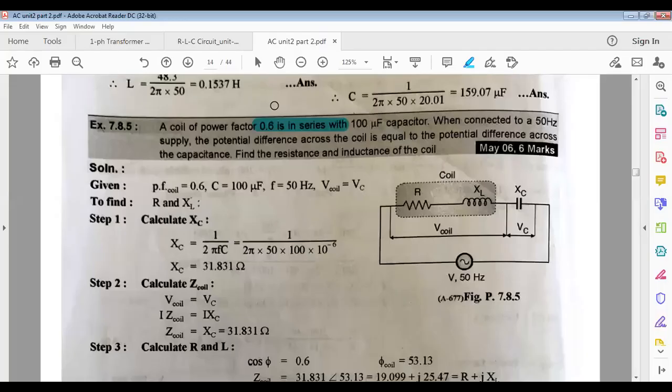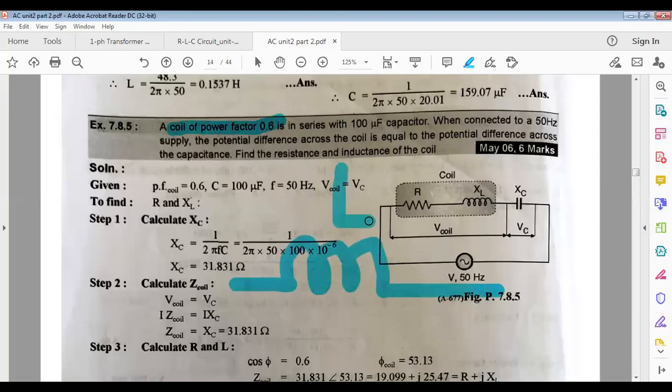Okay, so next one, series RLC: a coil of power factor 0.6. Now see here, a coil of power factor बोला है 0.6. No, coil means inductance is there, isn't it? So whether it is purely inductive you have to consider or some internal resistance of it you have to consider. How you can find it out? Reading this. Power factor is given.